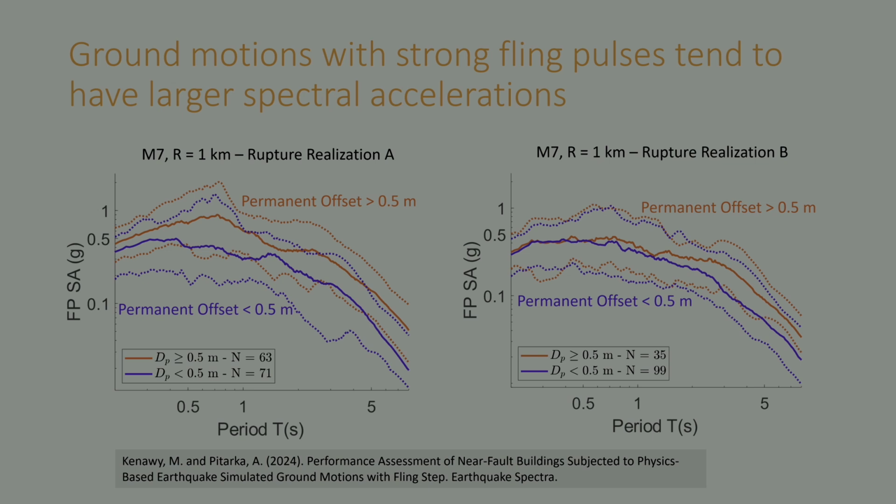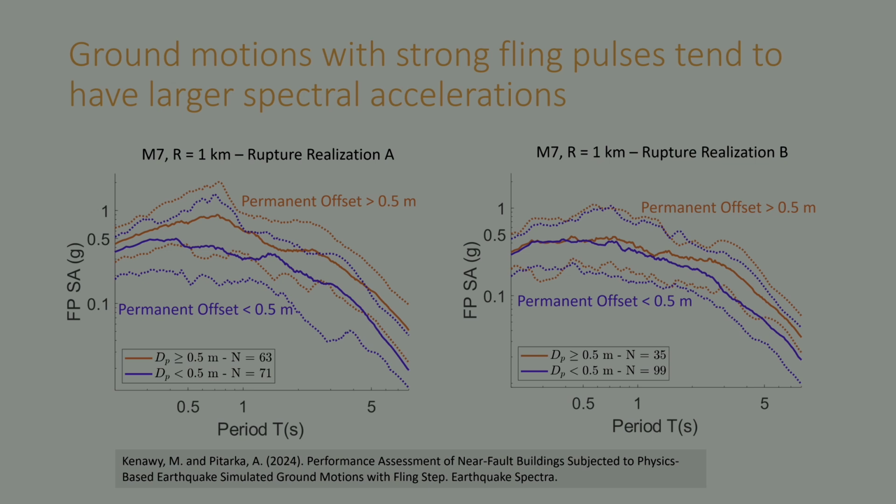They're typically fault normal, so they're still pretty intense, but they're not associated with this fling step. And so we're able to see that ground motions with strong fling pulses actually tend to have higher spectral energy, whether it's at the long periods only or sometimes a broadband range of periods.